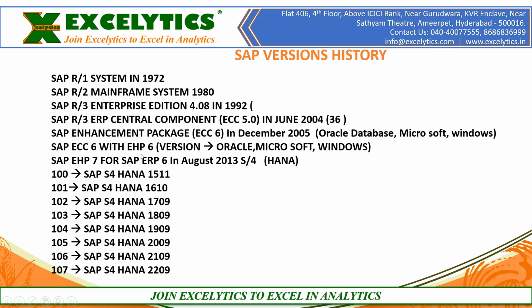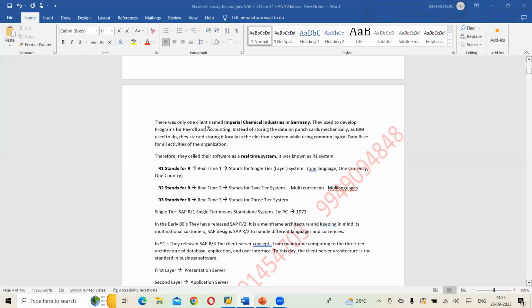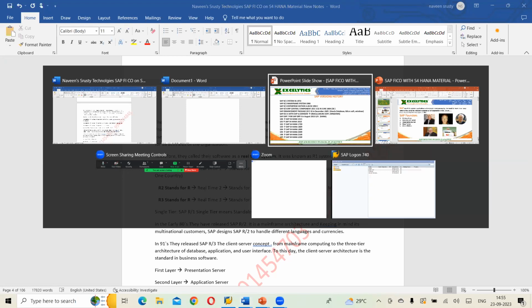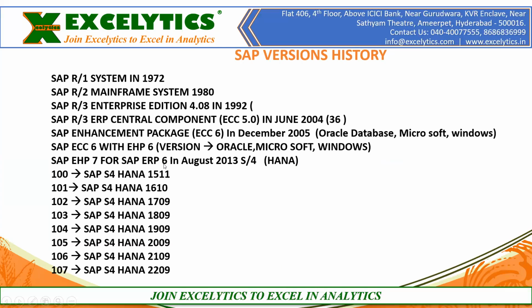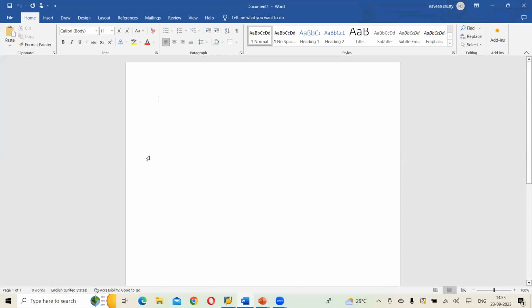So here, in the same year, SAP ECC 6 with EHP 6. They came up with this particular feature. This is the most important version, whatever version we are talking about here. This is ECC 6 with EHP 6. So what is this EHP 6 version?